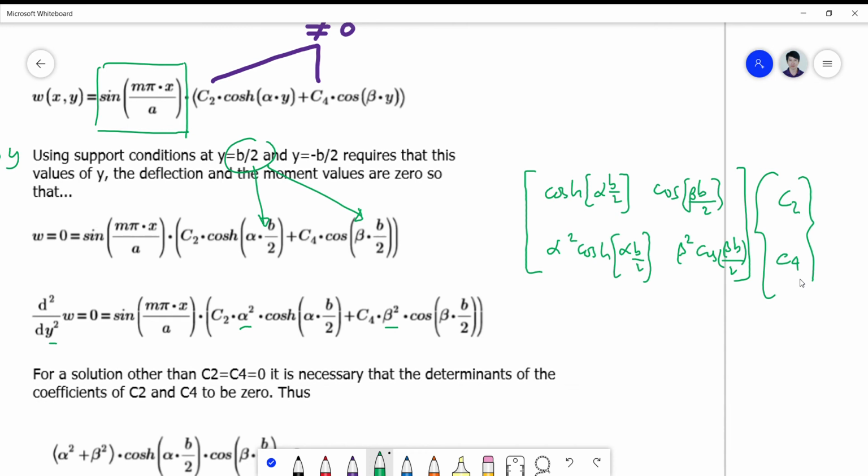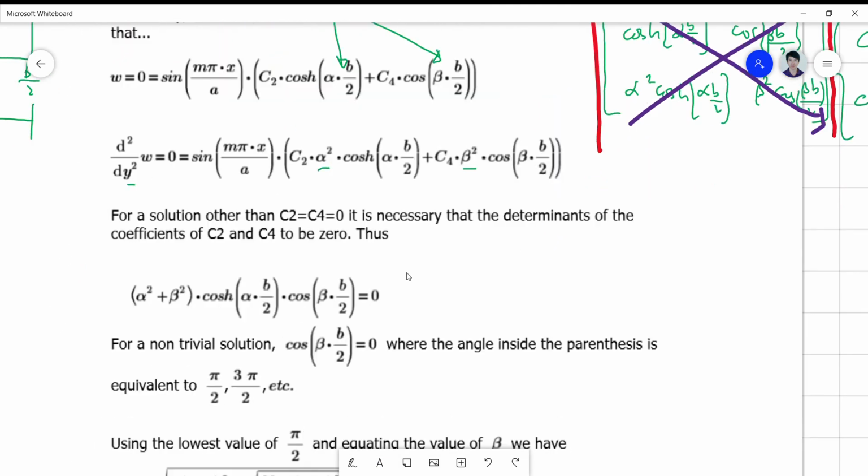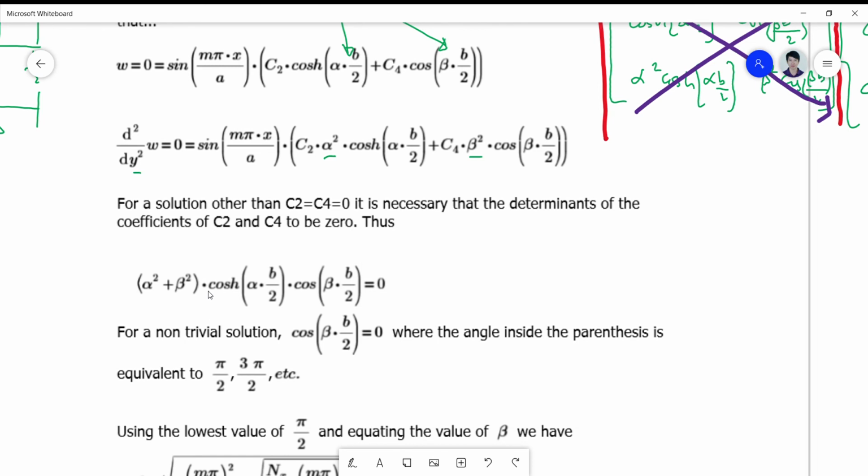So if I want to get the determinant of this, I simply make use of cross multiplication, something like this. If I multiply this and this, I will yield simply this solution here. And for this to be non-trivial, the determinant of this must be 0. And this is the determinant. So this is now the value of the determinant of this matrix.